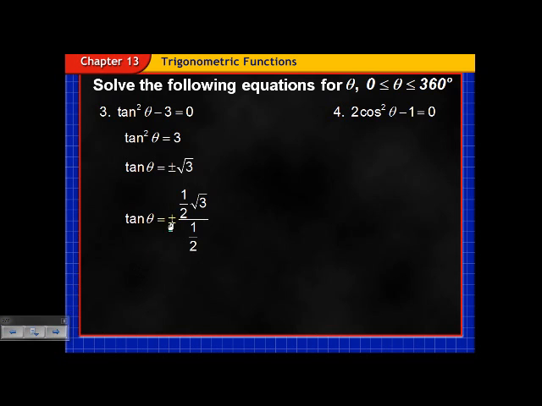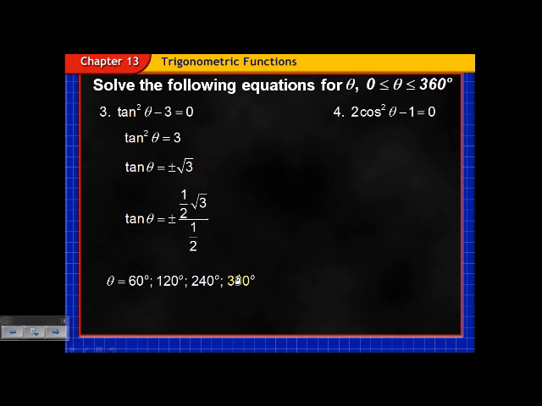So what that means is that sine started out as 1/2 square root of 3 and cosine was a half, and when we put them together to create tangent, we canceled out the 1/2's. So looking at your unit circle, find where y is equal to 1/2 square root of 3 and where x is equal to a half, and you will find the angles for which tangent is that square root of 3. Now that's going to happen at 60, 120, 240, and 300.